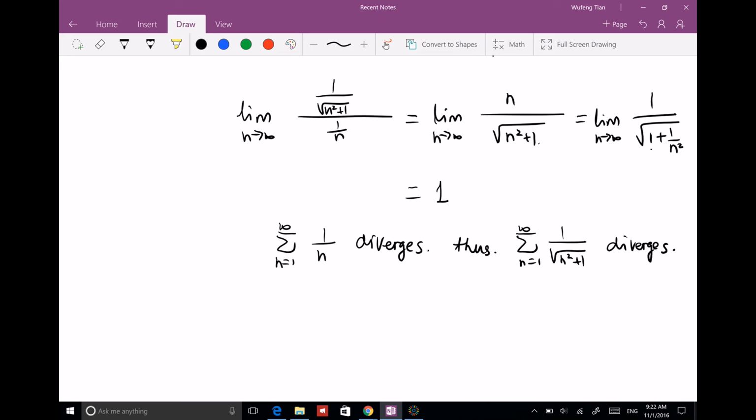Okay, so example. The sum from 1 to infinity of 2 to the power n plus 1 over 5 to the power n plus 1. How about this one?